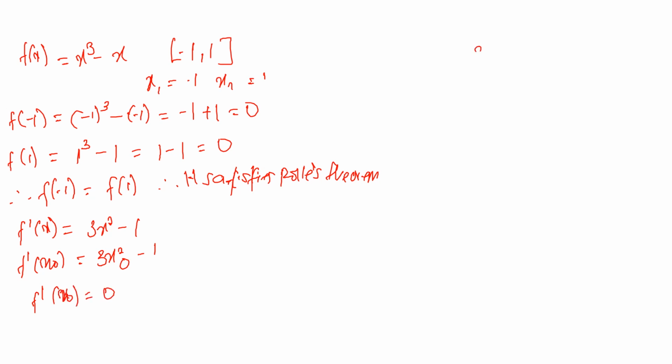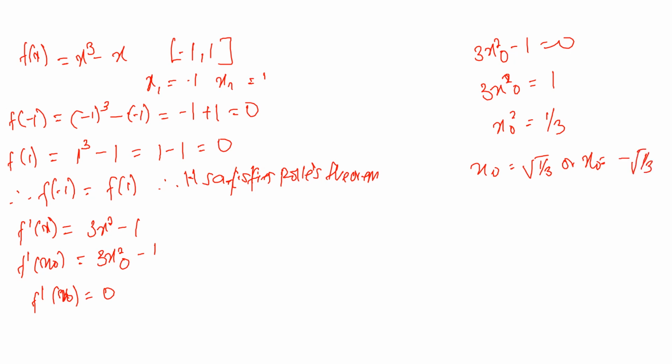So therefore, you have 3x0 squared minus 1 is equal to 0. 3x0 squared is equal to 1. Then x0 squared is equal to 1 over 3. Then x0 is equal to square root of 1 over 3, or x0 is equal to minus square root of 1 over 3.